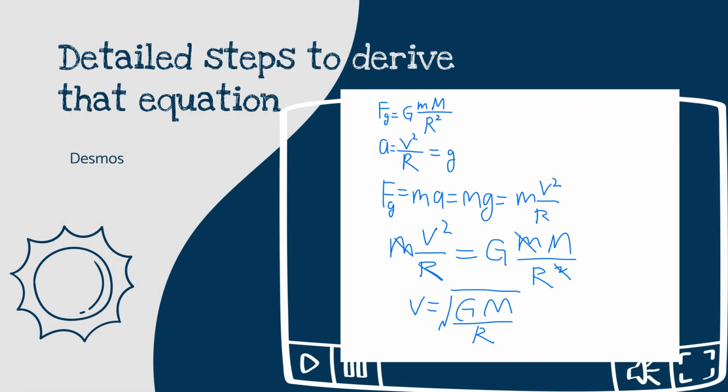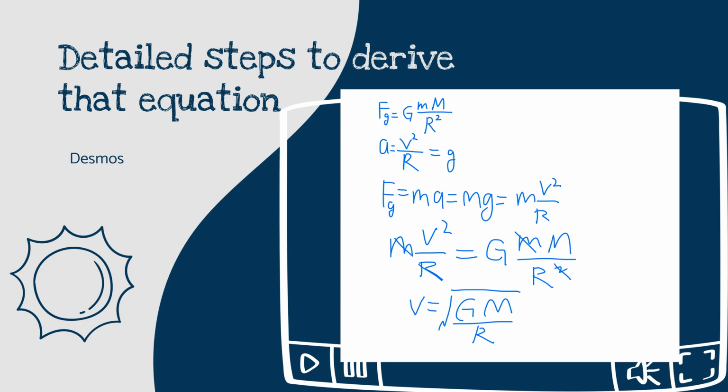Here are the detailed steps to derive that equation. We start off with the universal law of gravitation. We also know that for any radial acceleration, as of what we talked about in circular motion, the acceleration is equal to v squared over r. That is, in our case, the gravitation.